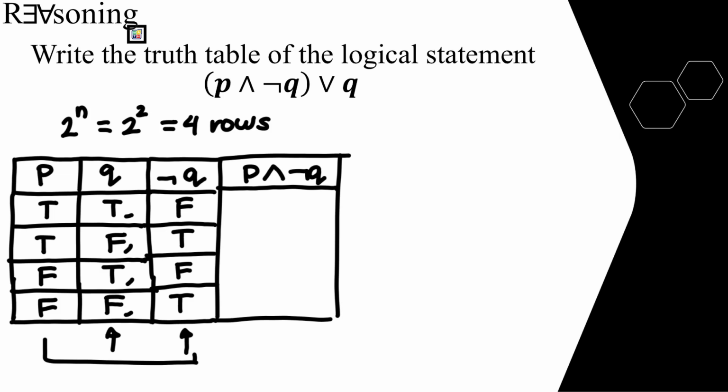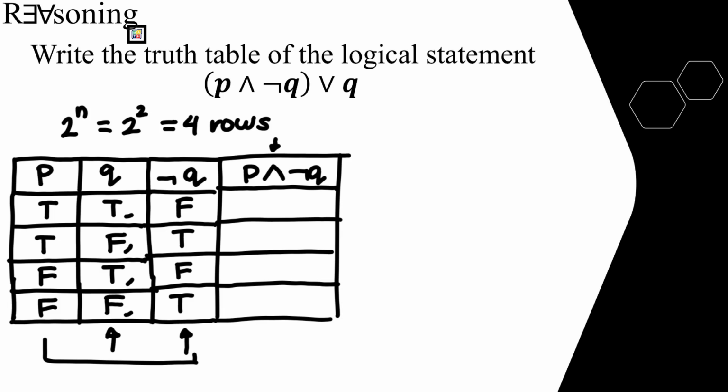Right? That's the conjunction. So let me add here the 4 rows mentioned. After this, we will be subjecting this to the last logical operator that is outside, the disjunction, with our proposition Q. So going back here, this notation for conjunction gives a truth value of true if and only if both propositions, in this case P and not Q, are exactly true.